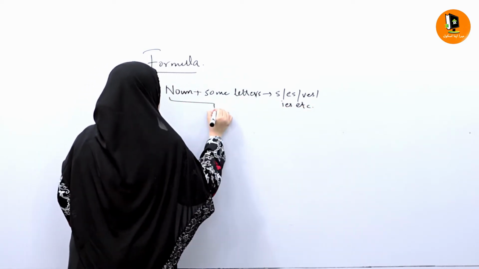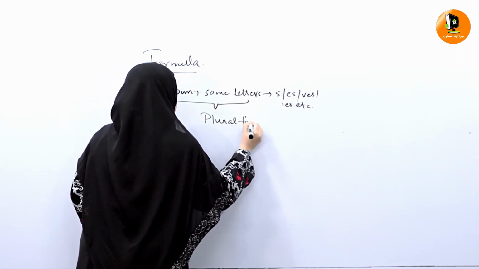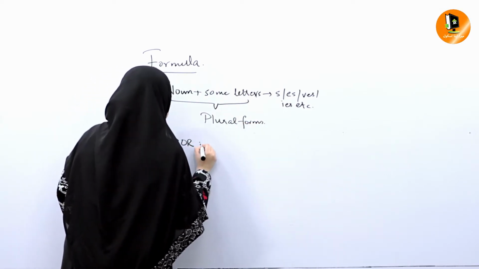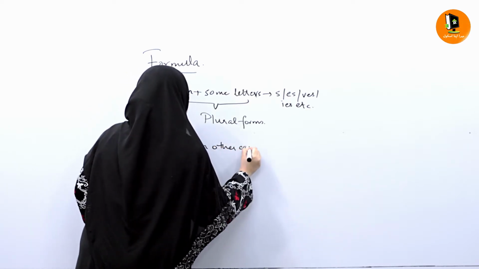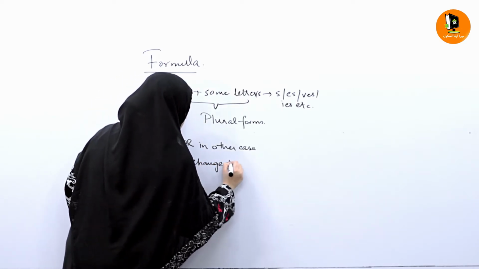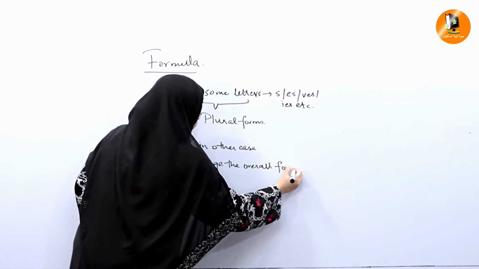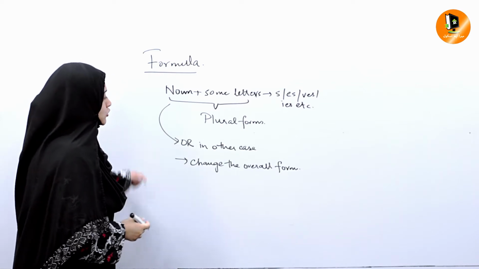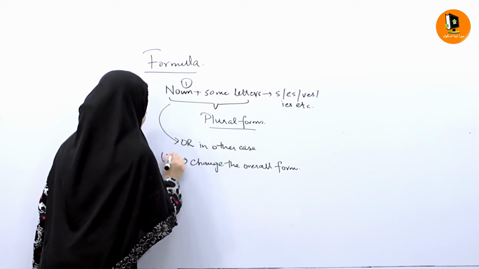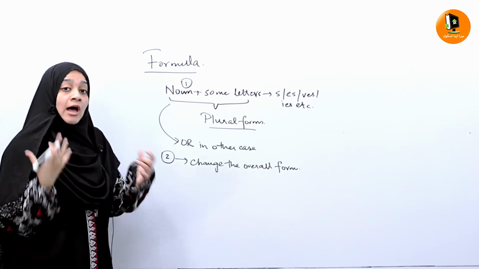That combination is going to make it into plural forms. Or, in other cases, you can simply change the overall form. So these plural forms can be made in two ways. We will discuss during the course of the video how you will make these forms.